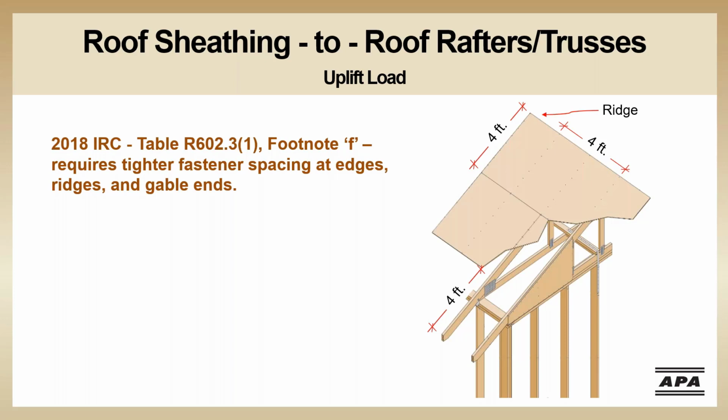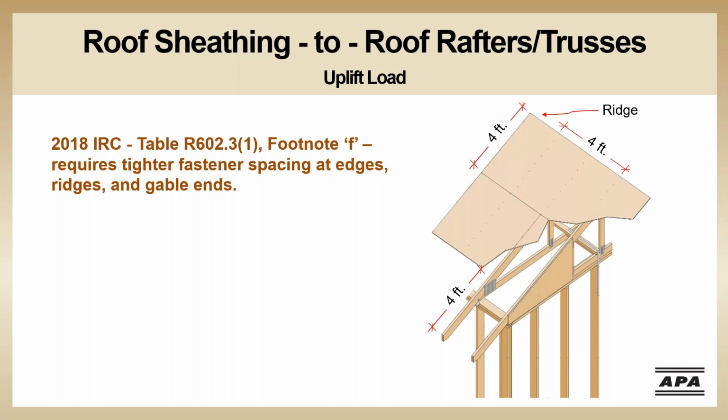In the 2018 IRC, the fastener pattern for roof panels that are 1 inch thick or less requires a tighter fastener spacing within 4 feet of roof edges and ridges, including 4 feet in from gable end trusses. This tighter fastener spacing is in recognition of the greater uplift forces in these areas.